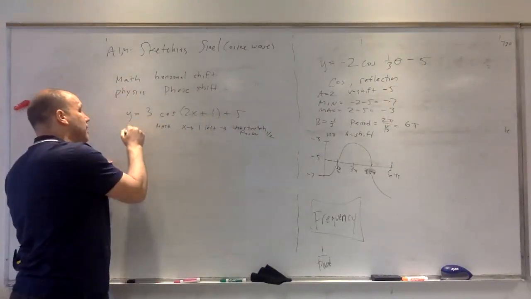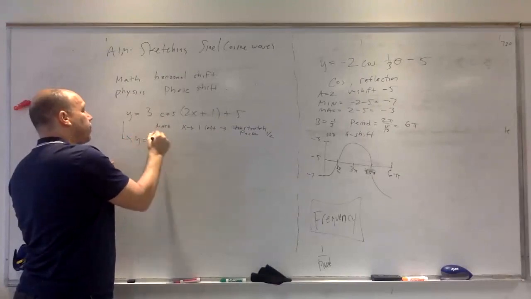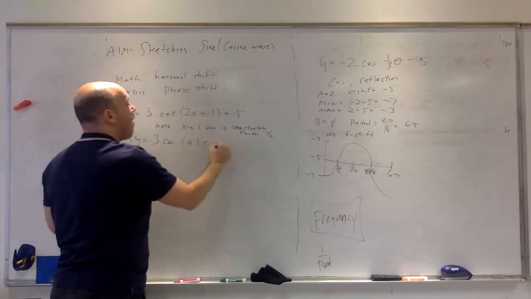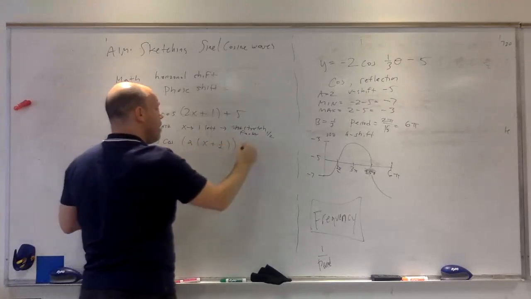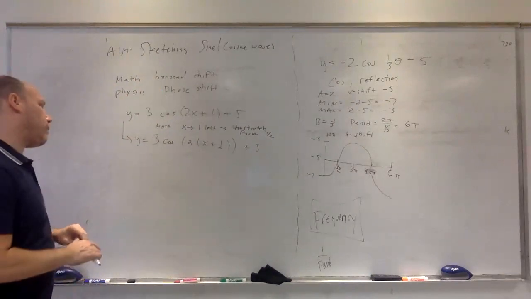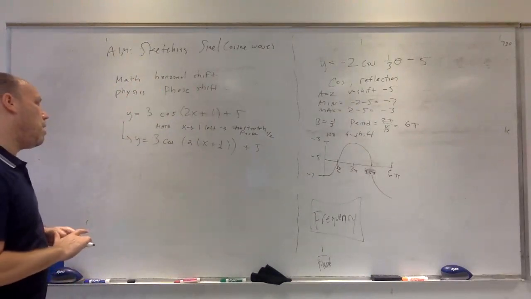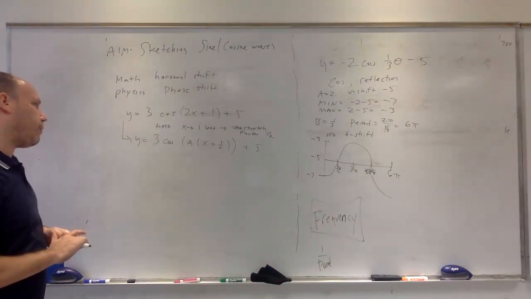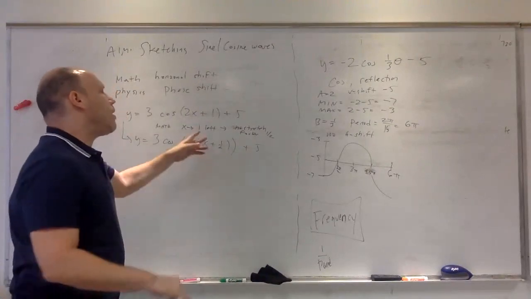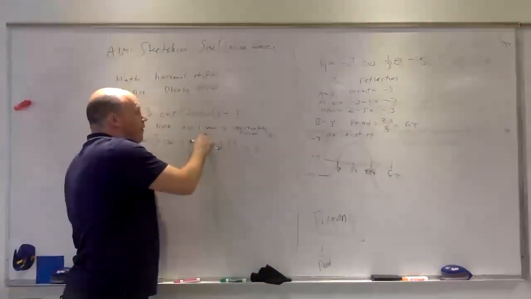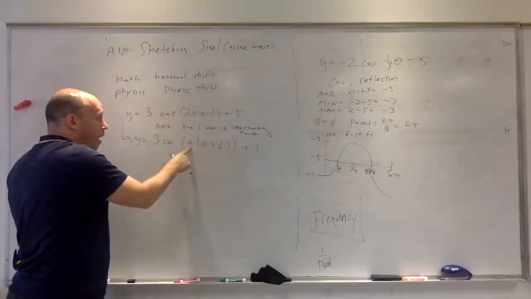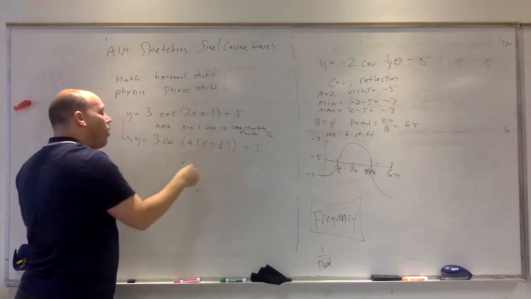What physics does is they rewrite this: 3 times cosine of 2 times (x plus 1/2), plus 5. So we move to the left, and then they shrink it by 1/2. The physicist just pulls the 2 out to get the 1/2.